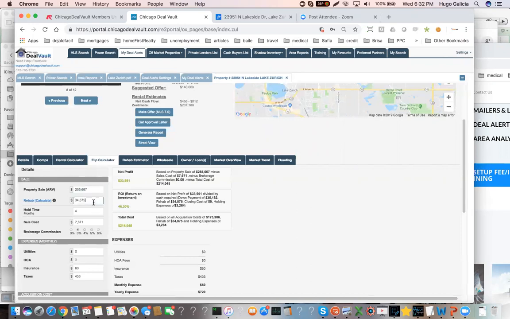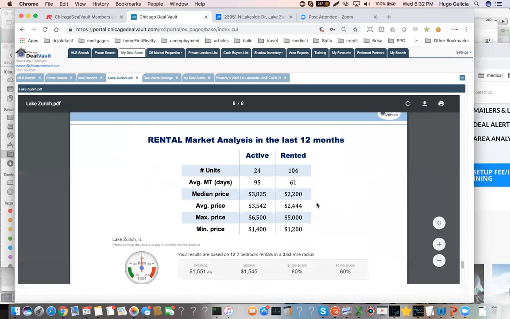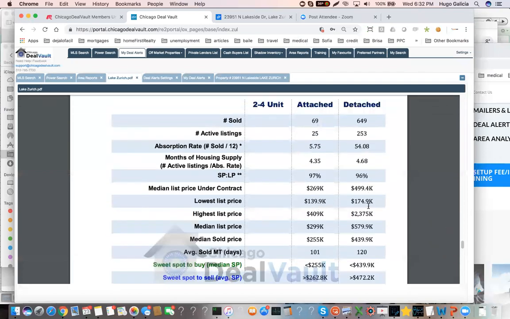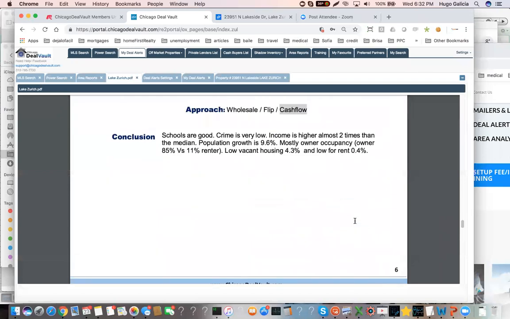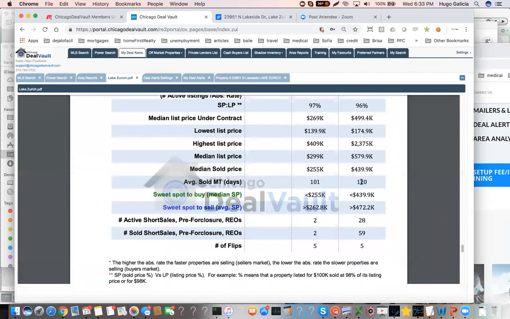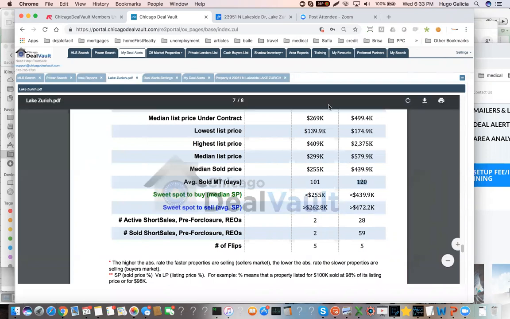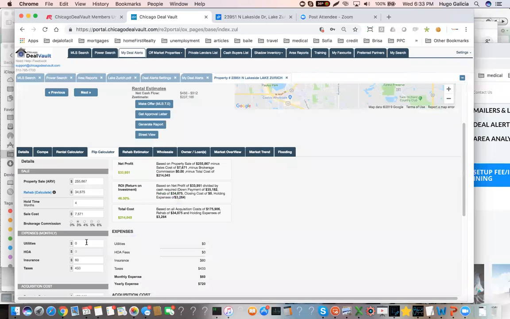Okay, so this is the rehab amount, 35,000. Now the holding time. Remember when we looked at the report in Lake Zurich, properties stay in the market for about 120 days. So let me just quickly go up. Actually, yeah, I missed it. 120 days, they're gonna stay in the market, okay? So what that means is that we need to account for 4 months for market time, and then at least 2 months for the rehab.